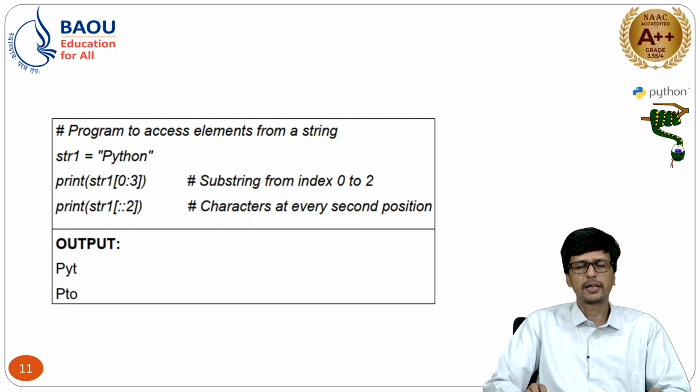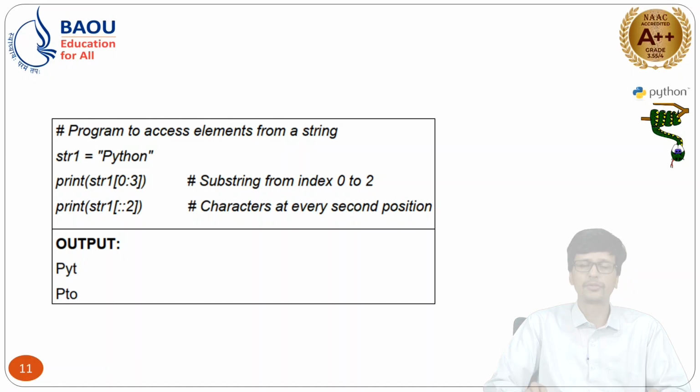Say for example str1[0:3]. So here the index starts from 0 and how many characters will be printed? 0, 1 and 2. That means a total of 3 characters, index 0 to 2, will be printed here. Then we have not mentioned anything as a start and we are mentioning a colon, then nothing, that means we are also skipping the end, then after the colon 2.